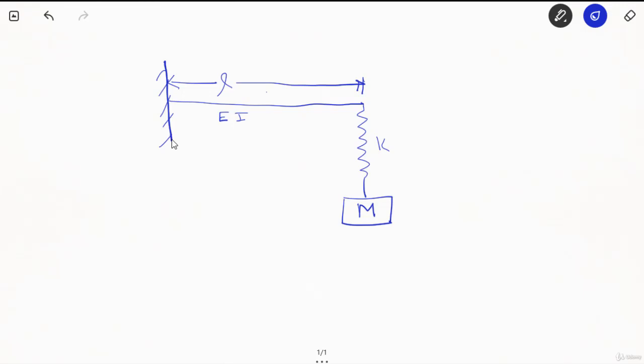As in the last cantilever case, there is a particular stiffness of the beam, and another stiffness involved is this spring stiffness, right? Now, this particular case is a parallel arrangement of springs or a series arrangement of springs.